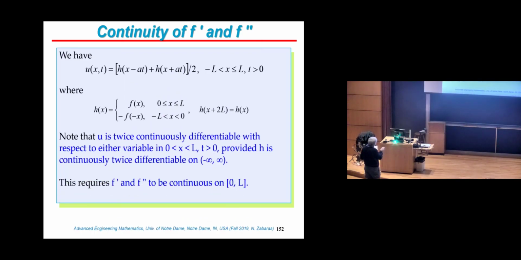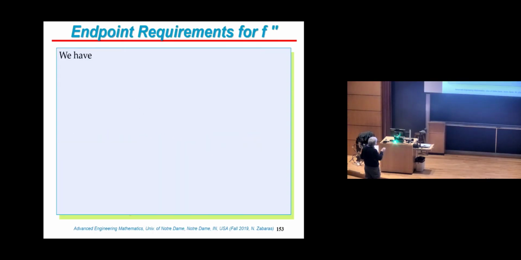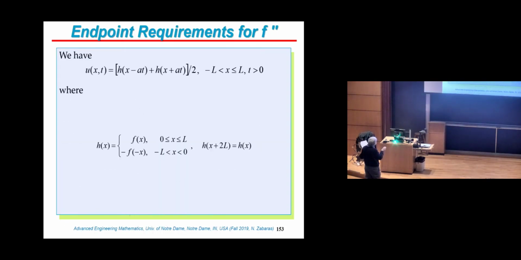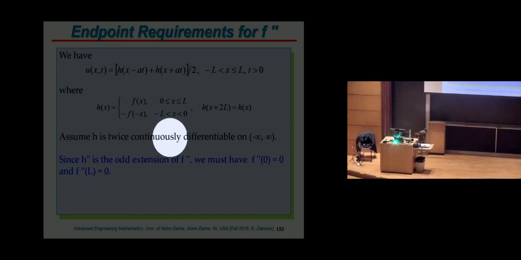So f prime and f double prime need to be continuous on the interval 0, L. And also there is an extra condition that I'm going to throw at you, and you can think about it because we mentioned this when we discussed odd periodic extensions of functions, that because h double prime is an odd extension of f double prime, f double prime at 0 has to be 0, and f double prime at L has to be 0.